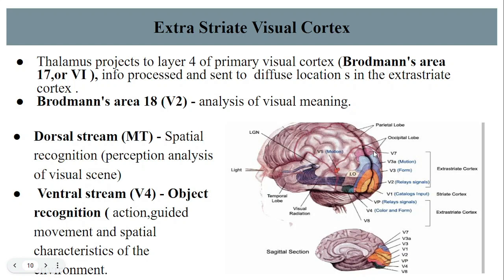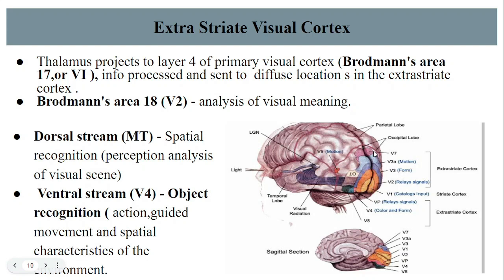Brodmann area 18, also known as V2, is involved in the analysis of visual features such as color, texture and form. The extrastriate cortex also includes two main processing streams, the dorsal stream and the ventral stream.